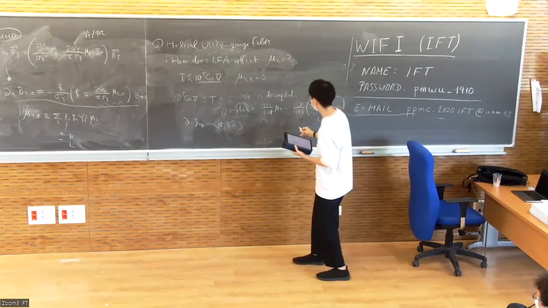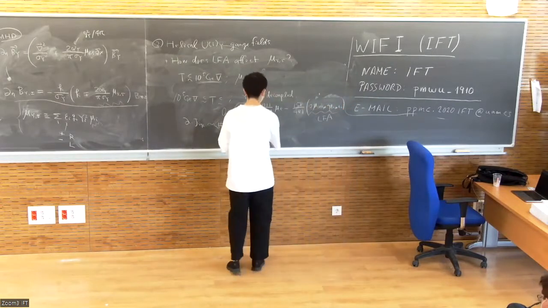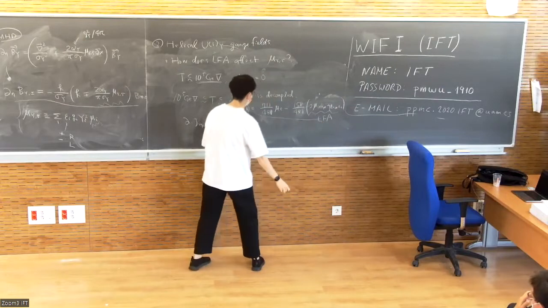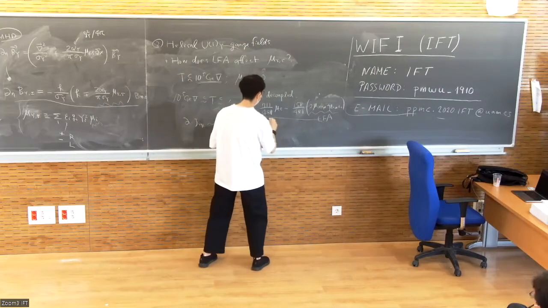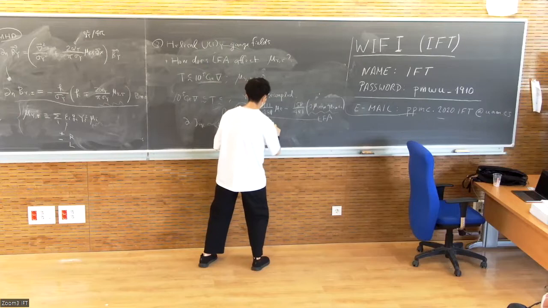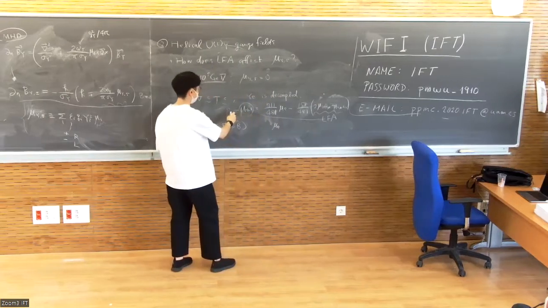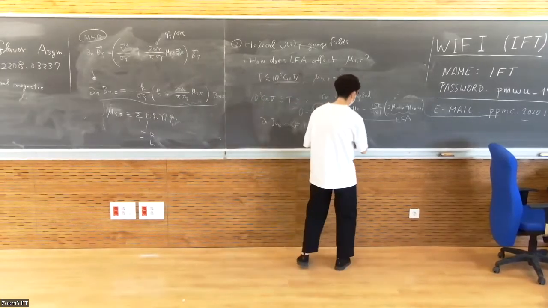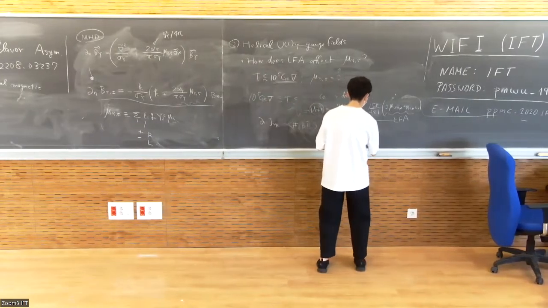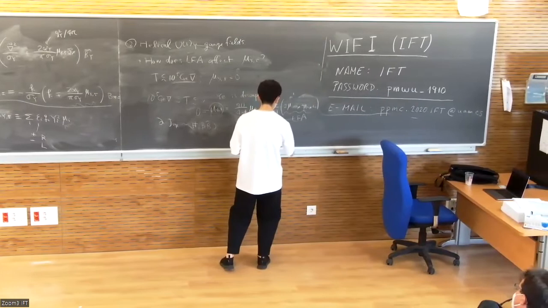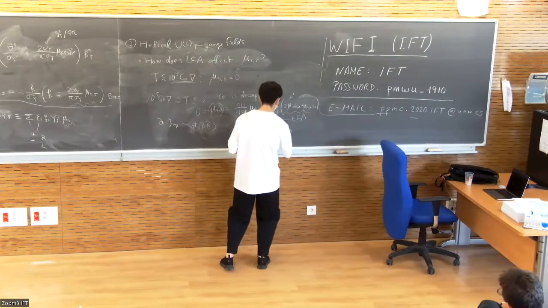So this determines the primordial asymmetry carried in the electron sector. By requiring this to be zero, your mu_e is essentially proportional to some complicated factor times the flavor asymmetries, L_e minus L_mu, and also L_mu minus L_tau.